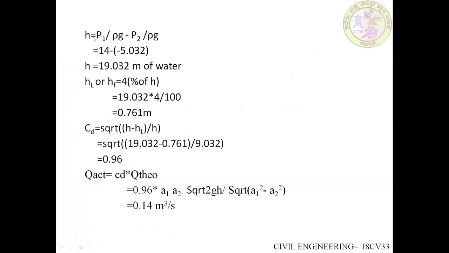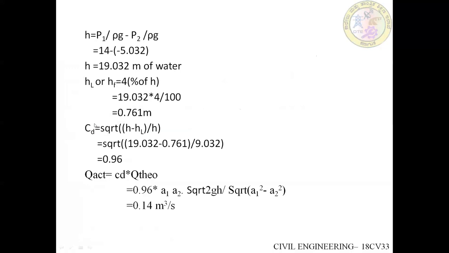Next, calculate the differential head value, that is H is equal to P1 by rho g minus P2 by rho g. It is coming around 19.032 meters of water. It is also given that the head loss is 4% of the differential head, so determine the head loss.